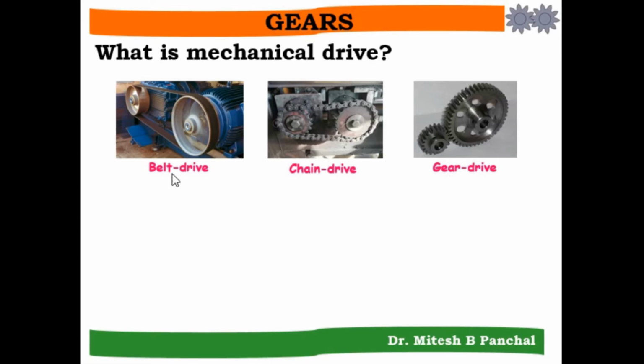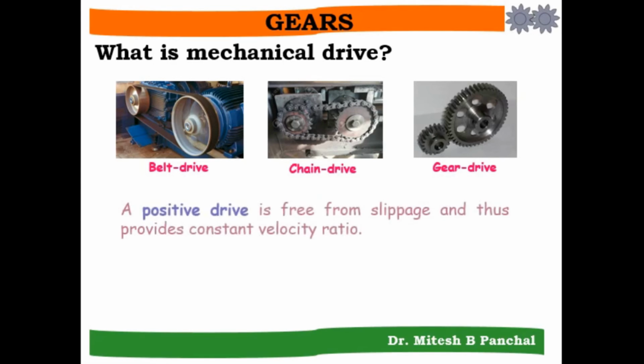In case of belt drive, there are chances of slippage, and thereby the efficiency of transmission of the motion using the belt drive is comparatively less. Means we cannot achieve the constant velocity ratio.